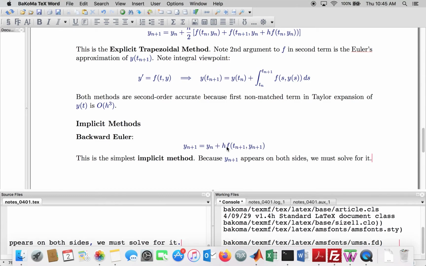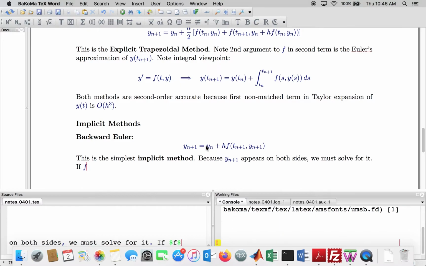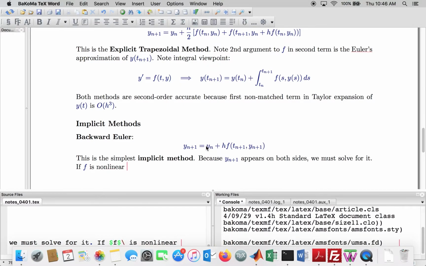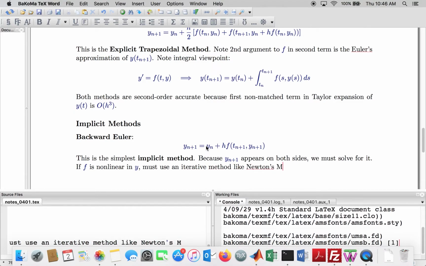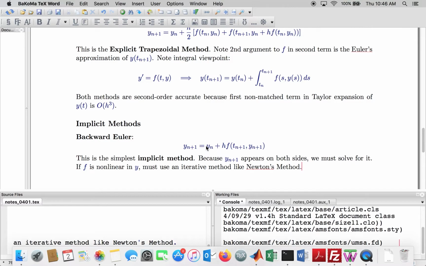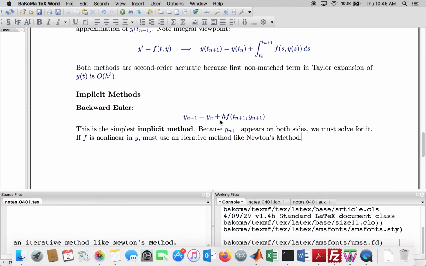Now, if f is a linear function, it's pretty easy to rearrange this and solve for yn plus 1. But if f is a nonlinear function of y, then we have a lot of work to do. So if f is nonlinear in y, we must use an iterative method, like Newton's method. That seems like a whole lot of work.